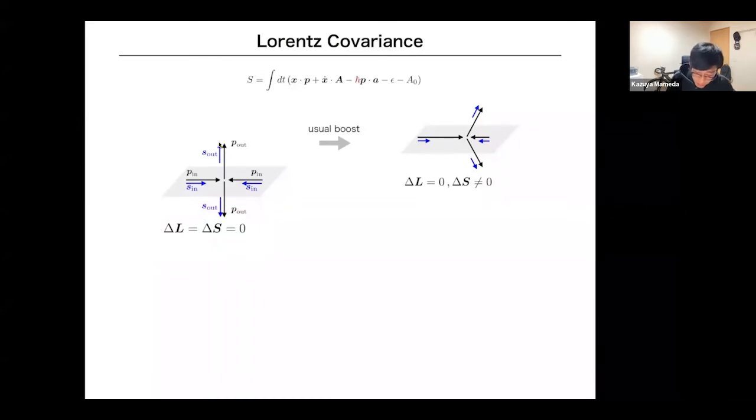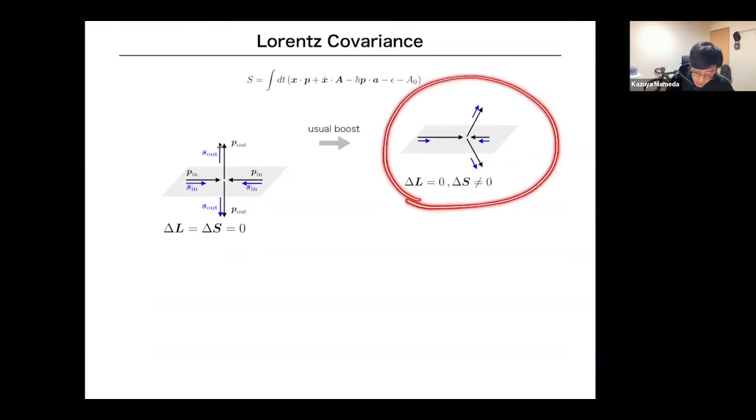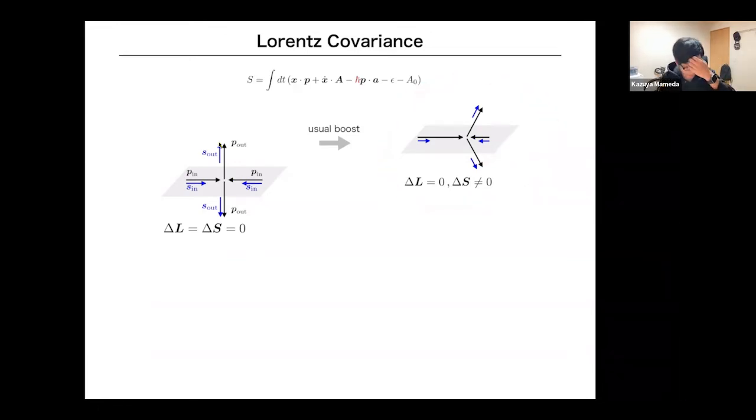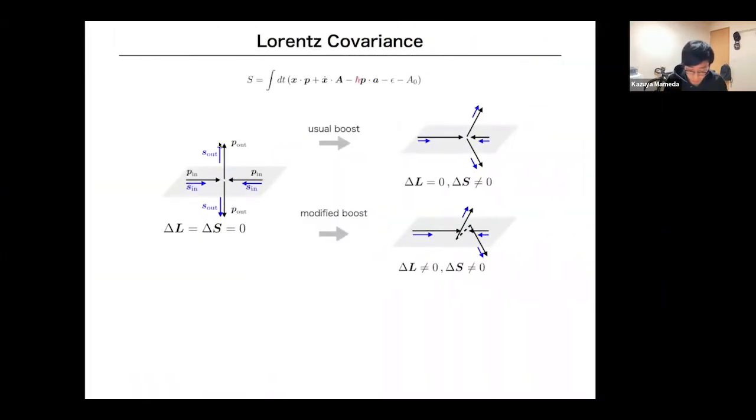But in this case, we generate a finite difference of the total angular momentum. This means such a usual boost is actually incorrect. And then we need to consider the modified boost situation like this.